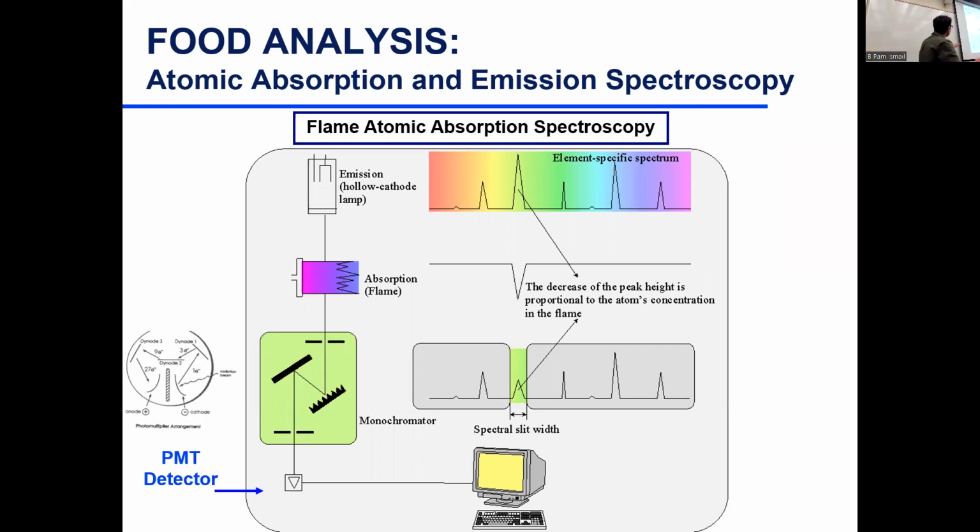All right, so that's basically led me to this slide where the lamp projects the energy at different wavelengths, and then your elements absorb light, and then you only care for the lambda max, so you would have the monochromator that separates that one wavelength that you select for, and it goes into your detector. Atomic absorption has a photomultiplier tube detector.